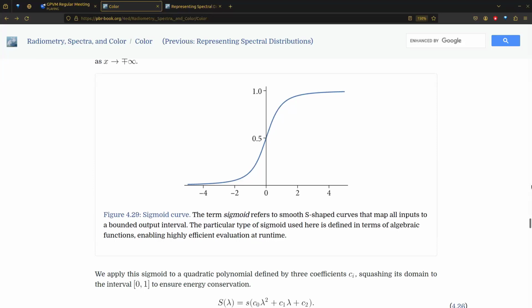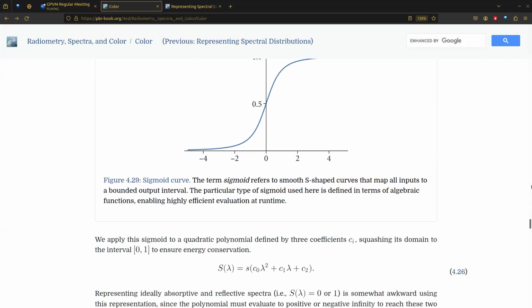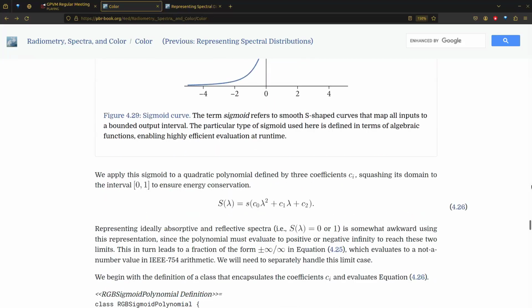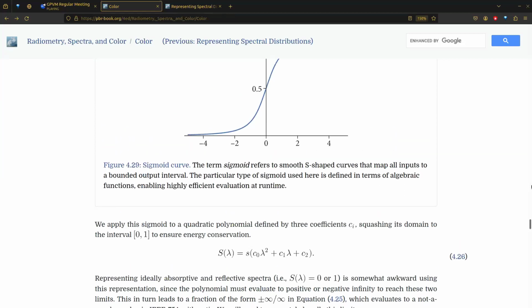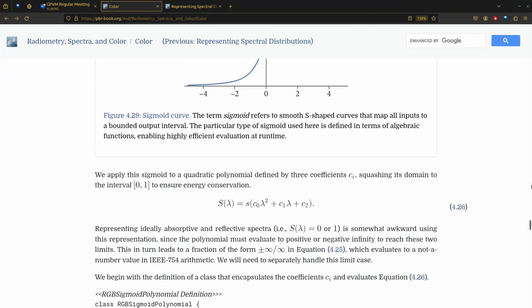Okay. And the particular type of sigmoid used here is defined in terms of algebraic functions, so it's efficient to evaluate. So we applied this sigmoid to a quadratic polynomial defined by 3 coefficients ci, squashing its domain to the interval 0 to 1 to ensure energy conservation. So we've got a sigmoid function of C0 times lambda squared, plus C1 times lambda, plus C2.